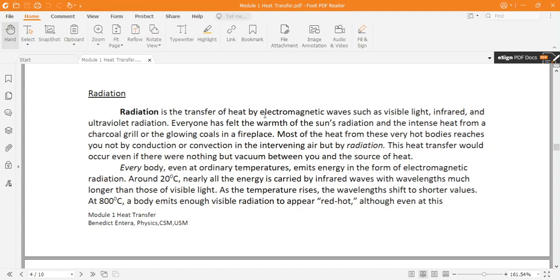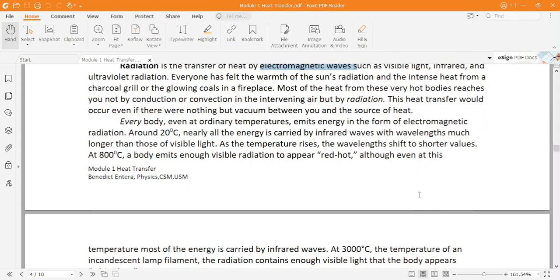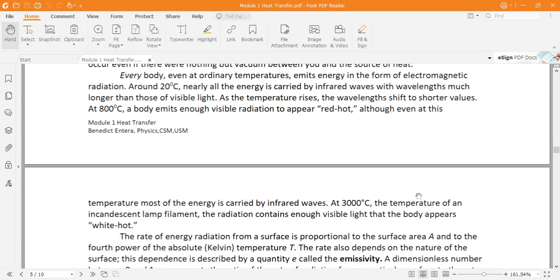Electromagnetic waves are the carrier of radiation, for example visible light, infrared, ultraviolet, microwave. Those are examples of radiation.